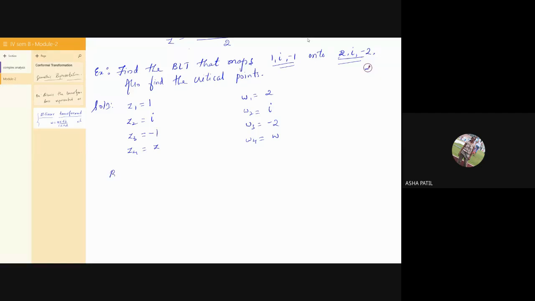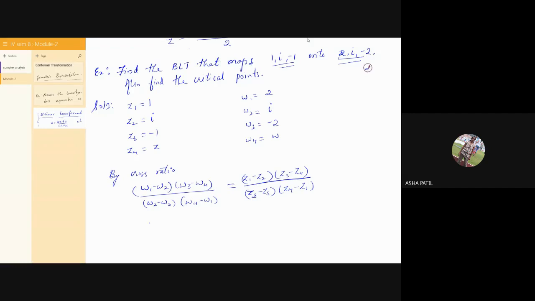Again, apply your cross ratio. By cross ratio, I'll write W on this side: (W1 minus W2)(W3 minus W4) divided by (W2 minus W3)(W4 minus W1), equal to RHS (Z1 minus Z2)(Z3 minus Z4) divided by (Z2 minus Z3)(Z4 minus Z1).